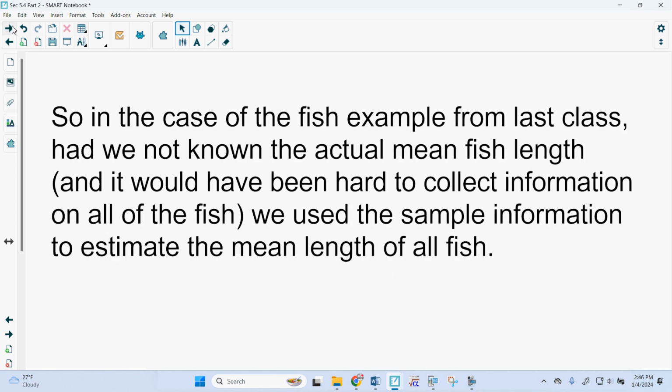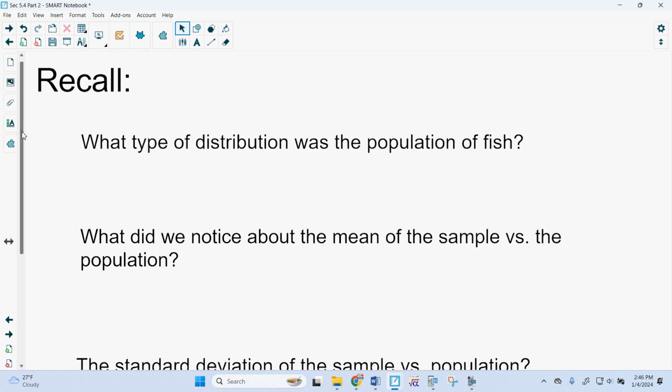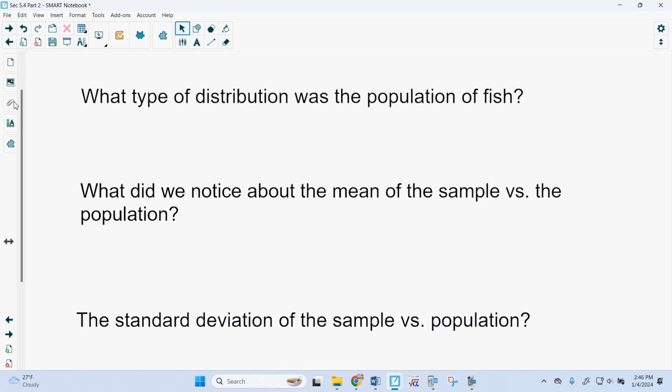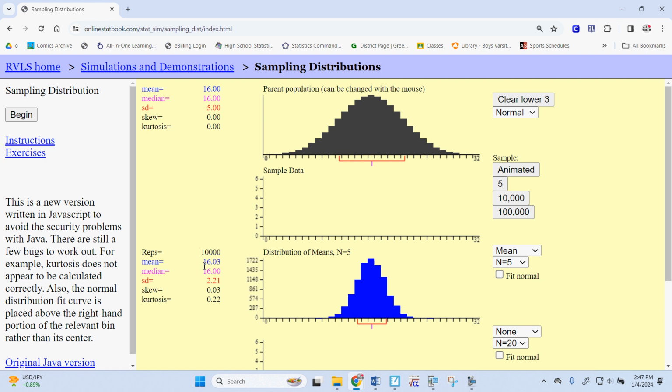So we looked at the examples of the fish the last time. I just did the example online. And so we remember there's a difference between the sample and the population. And we said the mean of the sample and the population, if we look here, let's go back to our sample of 5. If I take 10,000, you can see that our mean is almost exactly the same. And if I take more, it eventually basically becomes the exact same thing, right?